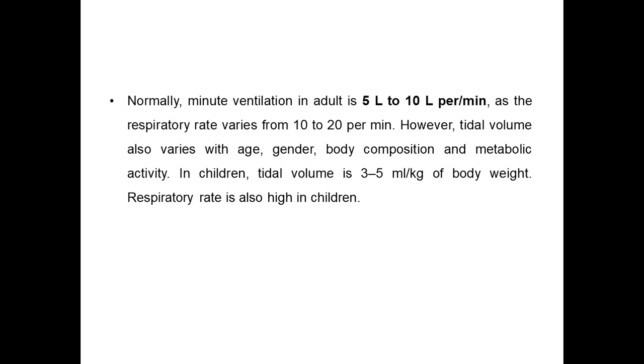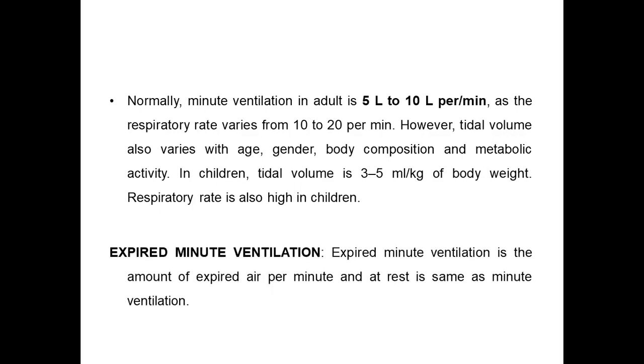It is normally seen that the tidal volume is 3 to 5 ml per kg of body weight in children, and the respiratory rate is also high in children. So you have to keep these physiological variations in mind when calculating the minute ventilation, as these are the physiological factors that affect your normal minute ventilation.